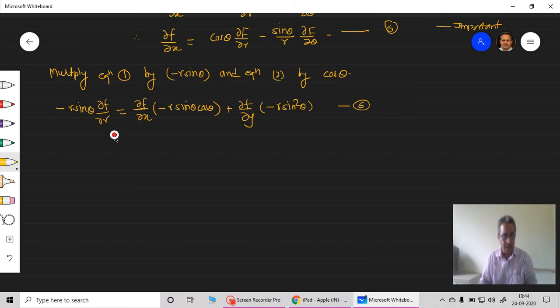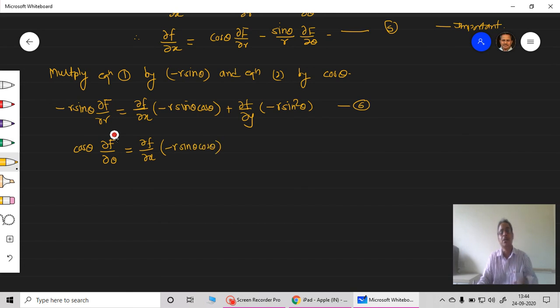Similarly equation 2 will be written, multiplied by cos theta, as ∂f/∂θ is equal to, for the first term, ∂f/∂x into the bracket minus r sin theta cos theta.